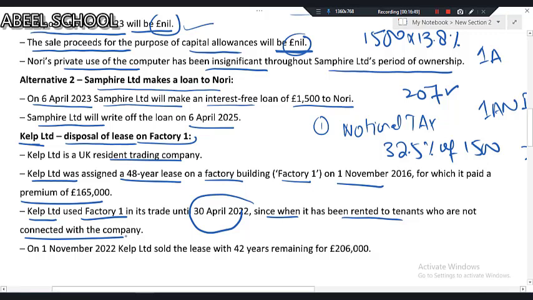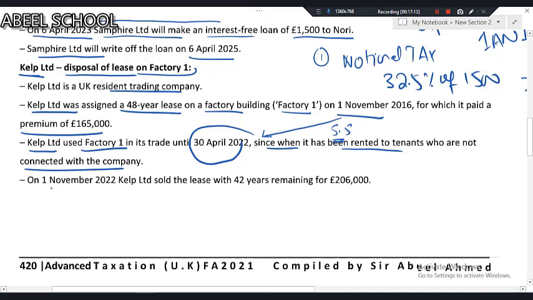So it means that this factory was used in the trade for how many years? If you count from 1st November 2016 till 30th April 2022, you will get 5.5 years. So logically, this factory building was used in the trade for 5.5 years. Out of how many years? The factory was sold on 1st November 2022.